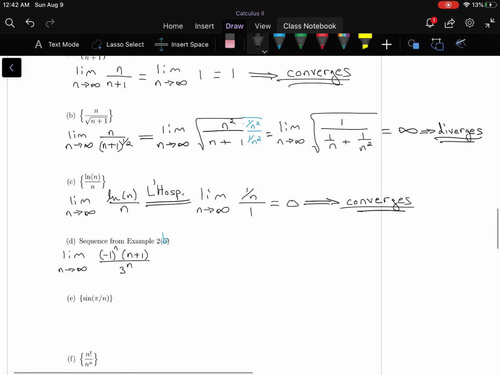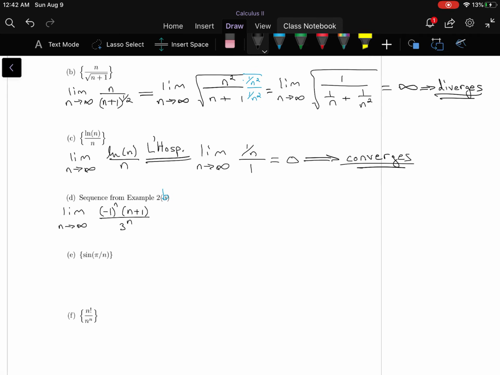That's what I want to investigate. So I'm going to look at the limit of the absolute value, which is the limit as n goes to infinity of n plus 1 over 3 to the nth power.